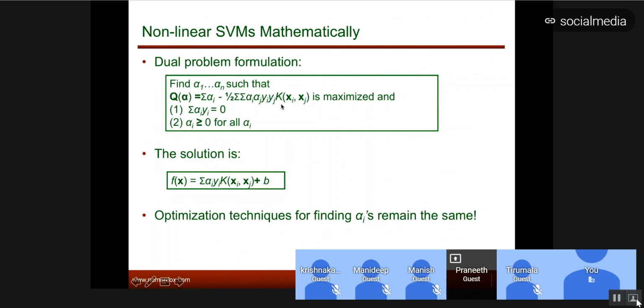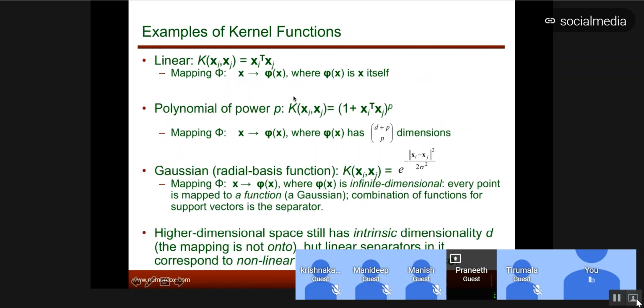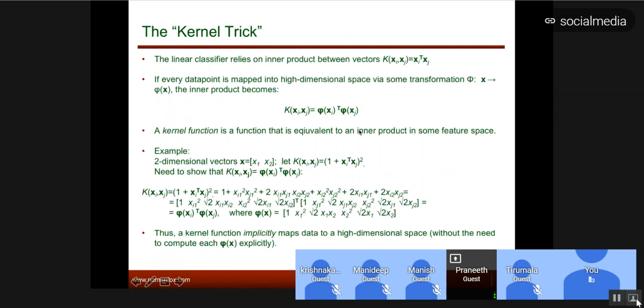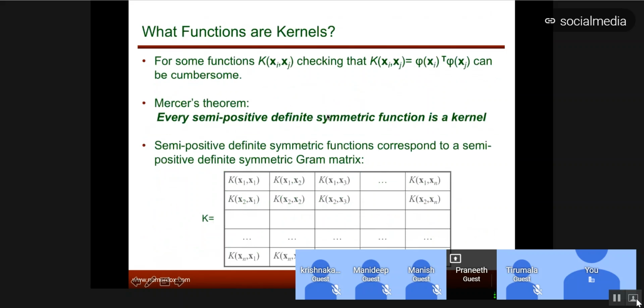So now your problem in nonlinear SVM looks very similar to linear SVM, except that in linear you had xi transpose xj here, but now you have phi of xi transpose phi of xj. Any function that can be written as phi of xi transpose phi of xj is known as a kernel function. Mathematically, we can get into the semi-positive definite stuff later, because I need to give you a linear algebra primer to understand that.